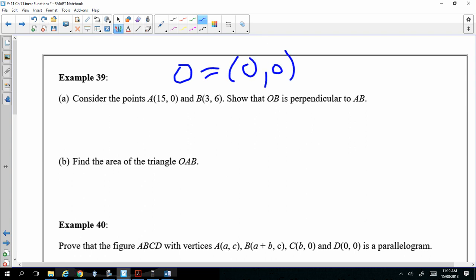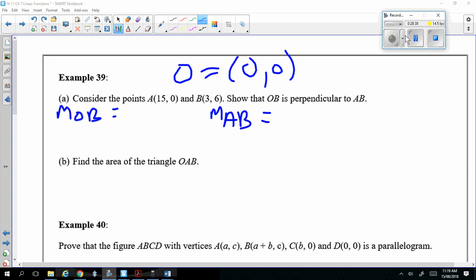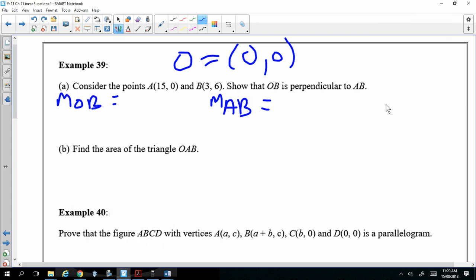So you go 6 minus 0 over 3 minus 0, which is 2. The gradient is 2. Find the gradient of AB. Have a try.